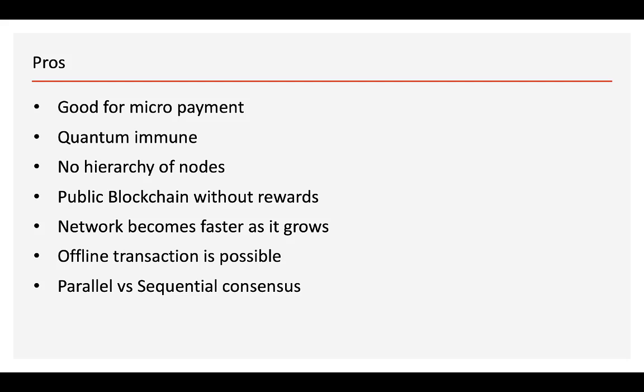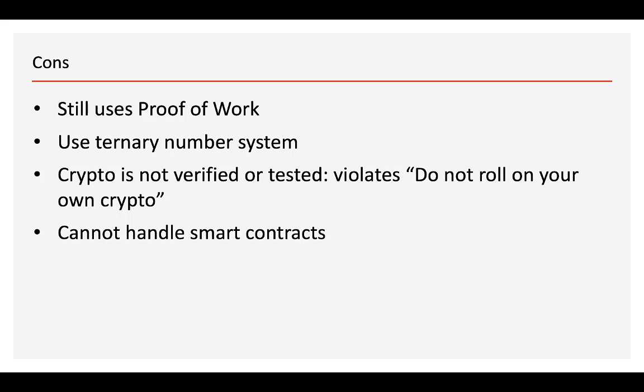When a block is being made, no other new block can be made in parallel, because there is this sequential consensus process. It still uses proof of work, and uses a ternary number system.